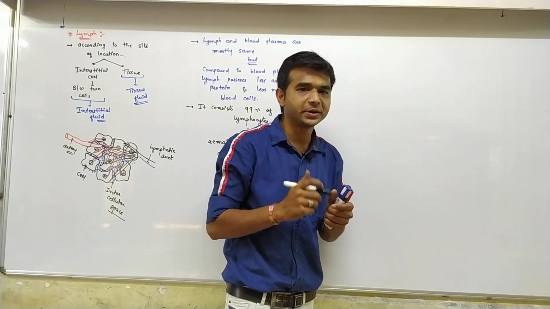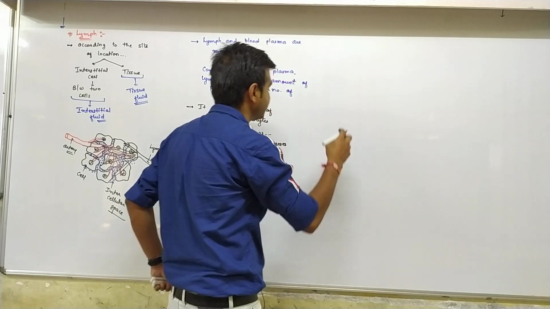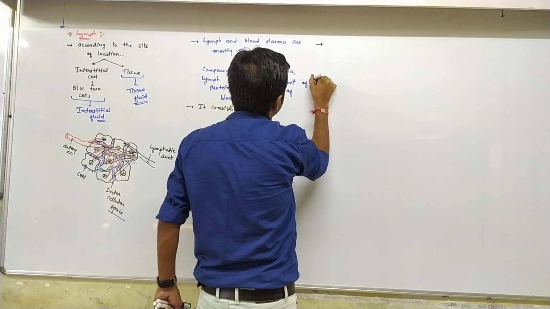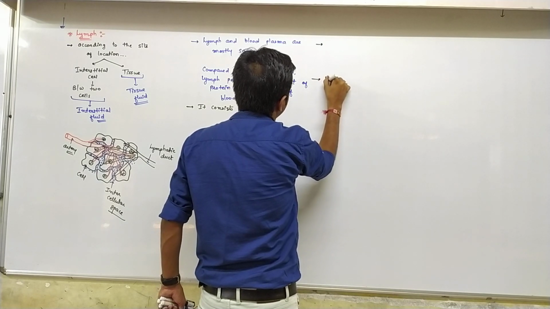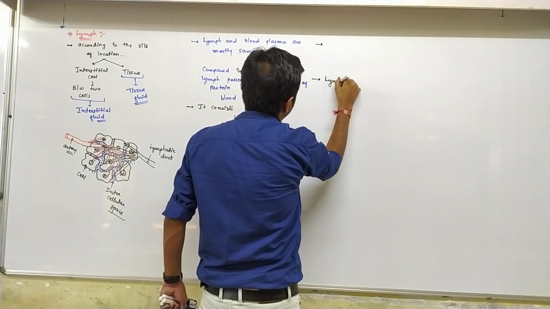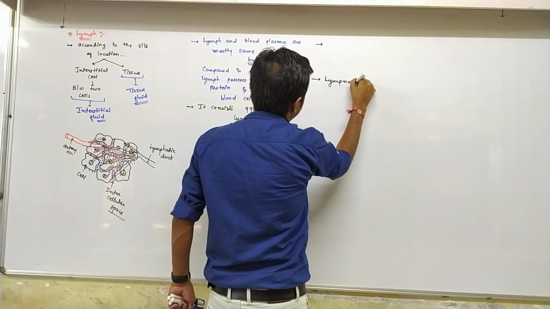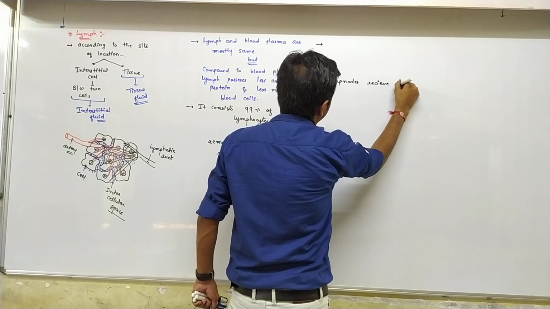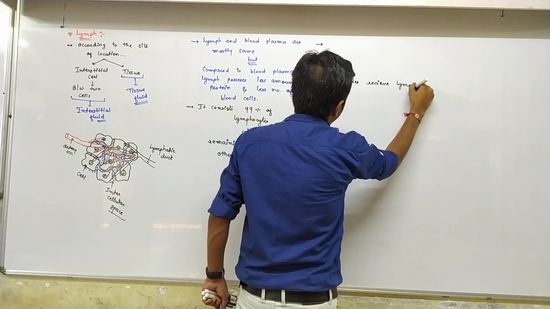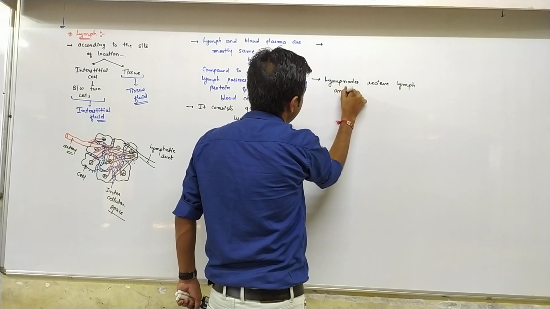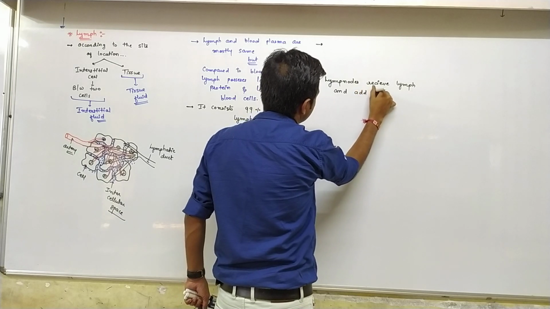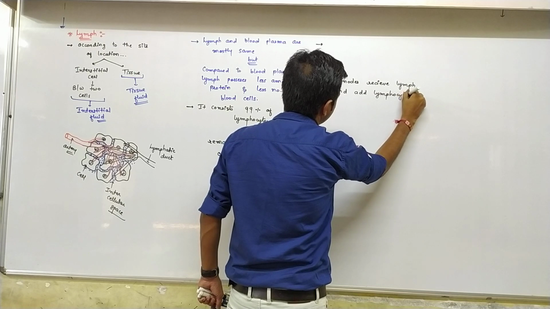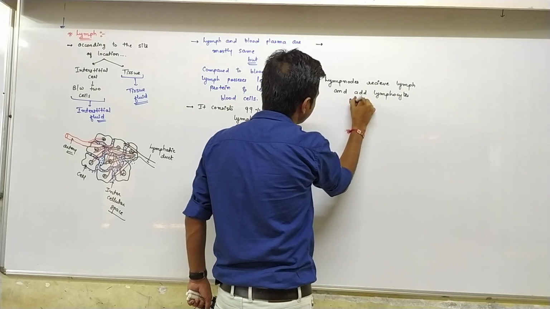So lymph nodes receive the lymph and add lymphocytes inside the lymph.